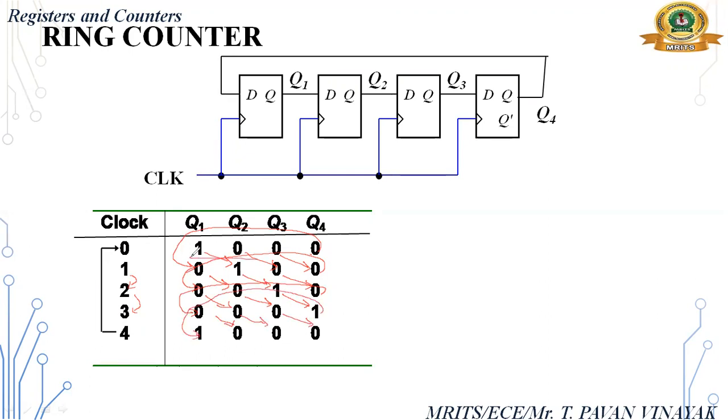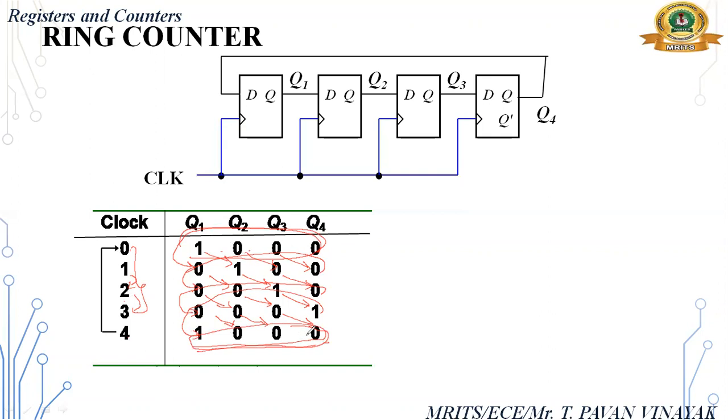So the initial value is 1000, and after 4 clock pulses, 1 2 3 4, we get the final value 1000, the initial value.